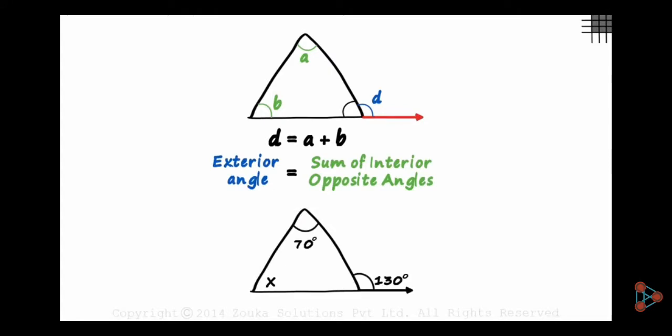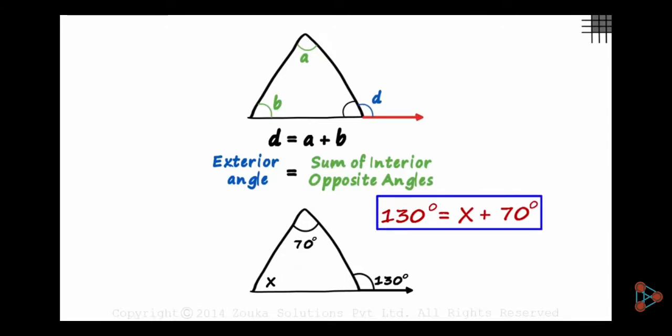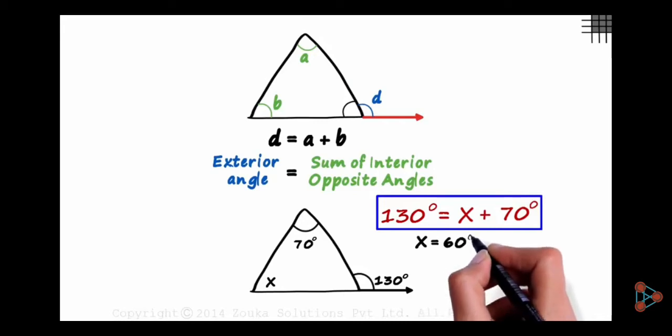Take this example for instance. We are asked to find the value of x. This angle here is the exterior angle and it will equal the sum of x and 70 as they are its interior opposite angles. Solving this, we get the value of x as 60 degrees.